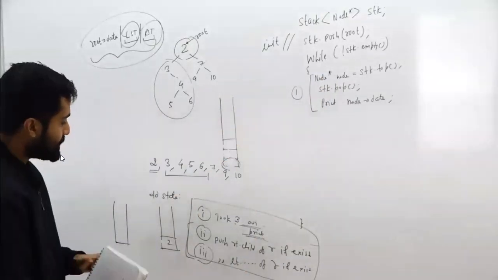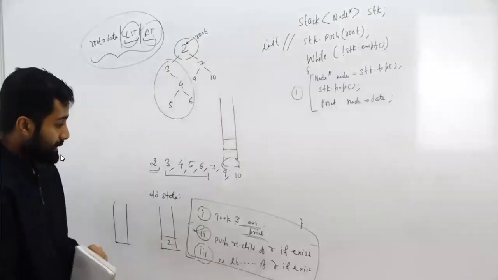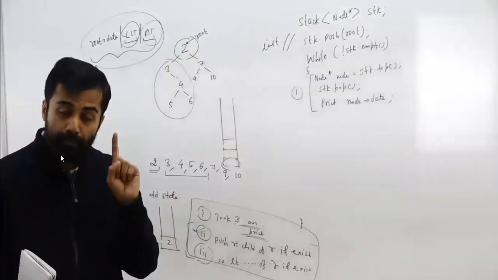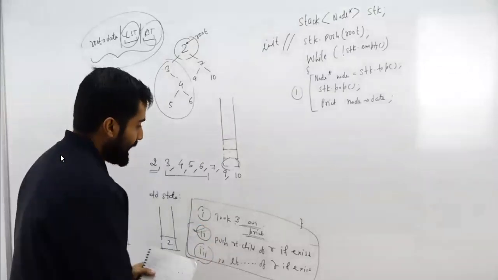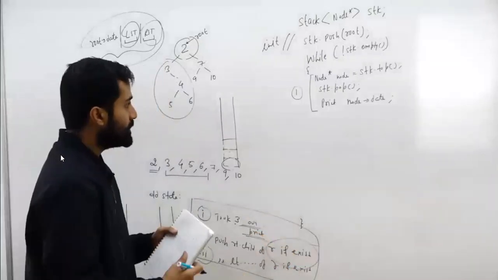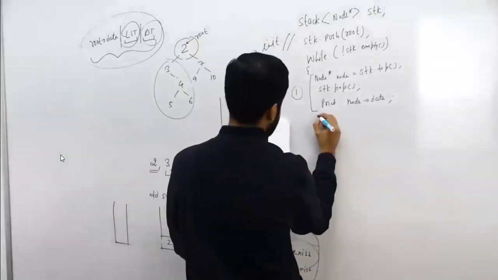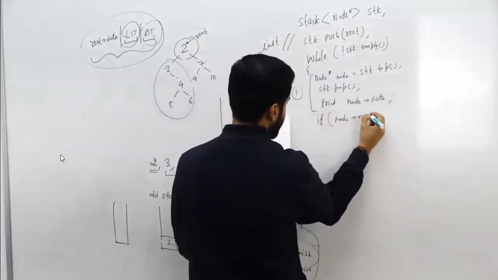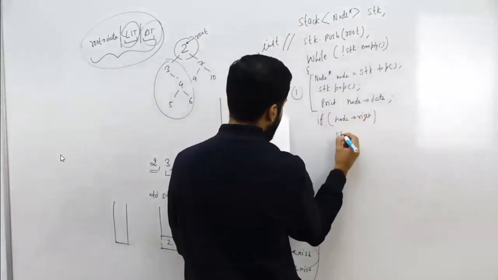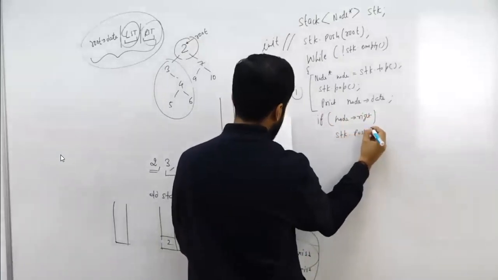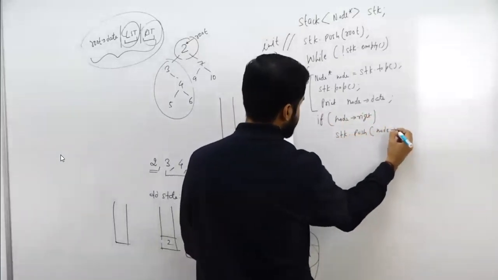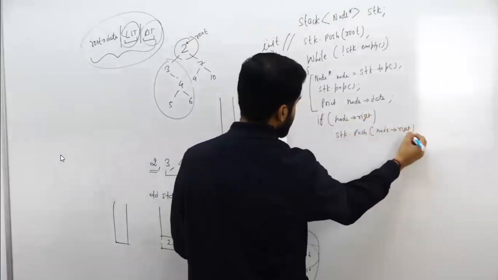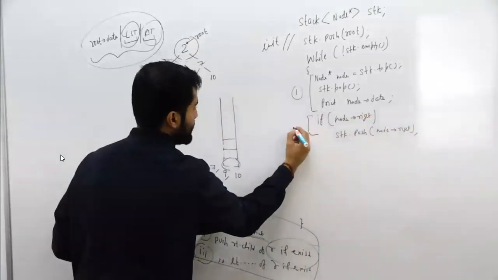Then what should be the next step? The next step is to push the right child, but only if the right child exists. So if node right exists, then only you will do stack.push of node right. This is your second step.